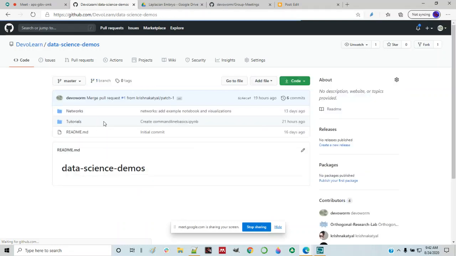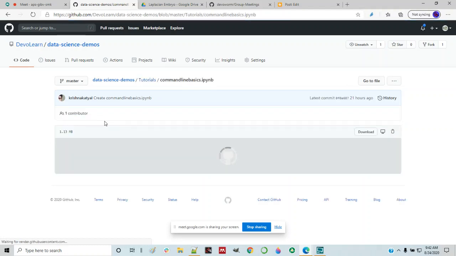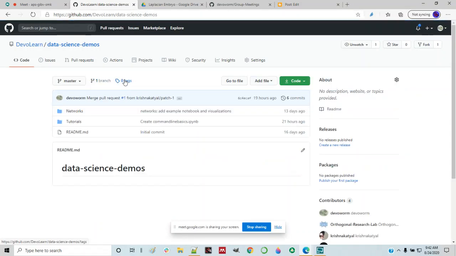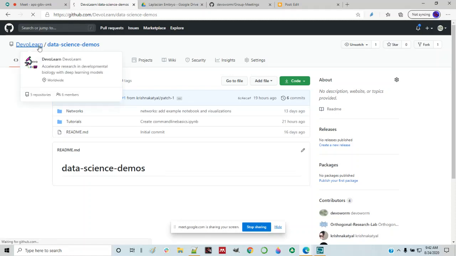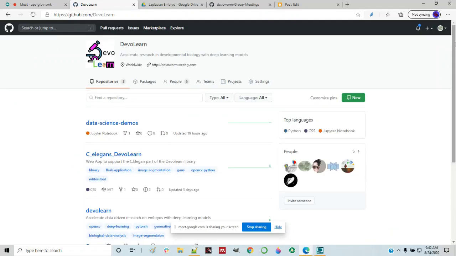And then Krishna pushed a tutorial on Unix command line basics, or Linux command line basics. That's nice. It's a notebook. And I see that in Slack, Mayukh suggested making a notebook-free version, which I agree with, because notebooks on GitHub don't always render properly.